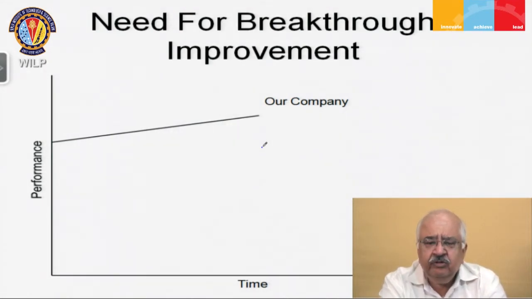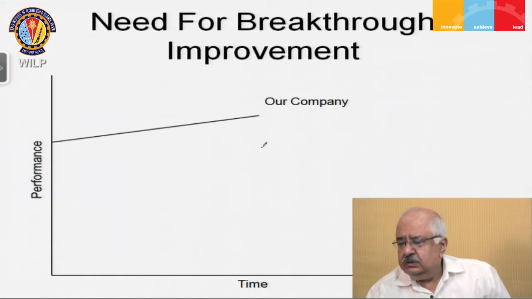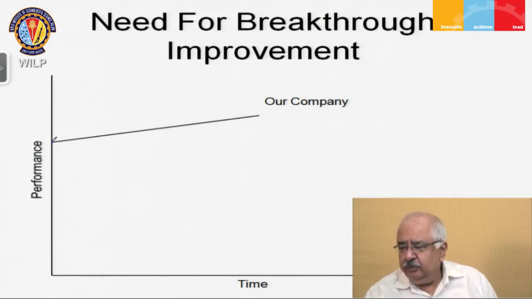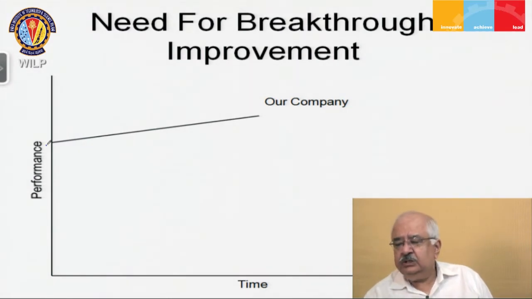Then the question is, if you've got continual small incremental improvement in place, you can have a company, let's say, that is on this particular path, where if you plot the performance over a period of time, we see a gradual increase in the performance of the company.